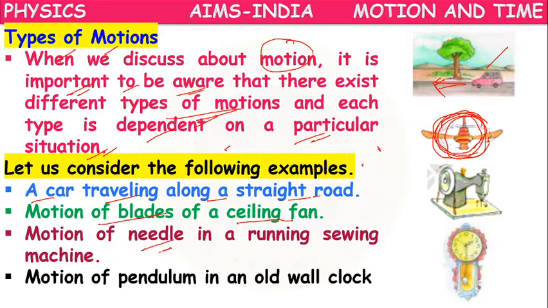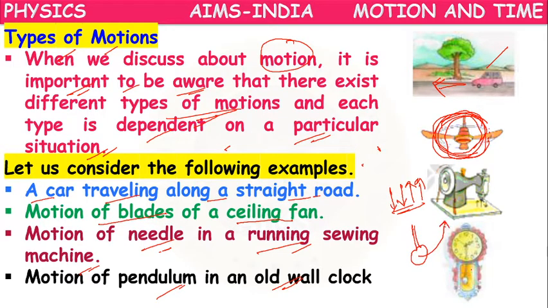Motion of the needle in a running sewing machine. In the machine, what will you observe? The needle will go down, the needle will come up. That up and down motion you can observe. Motion of the pendulum of an old wall clock. How will it oscillate?